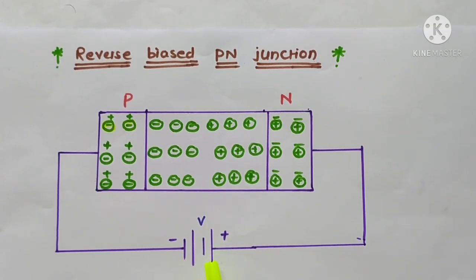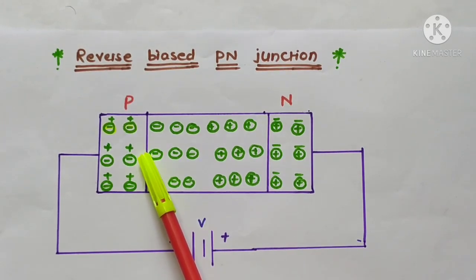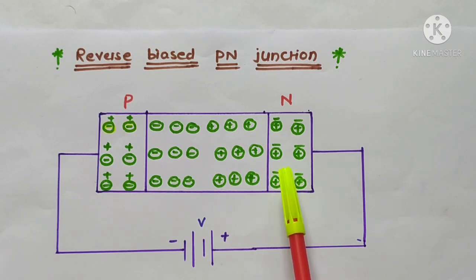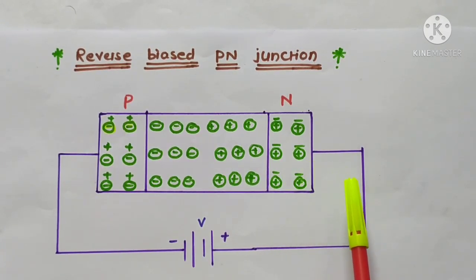Isn't it student? The electrons are minority carriers, but they cross the junction and pass to the N type, which has positive charge, therefore the free electrons get attracted by the positive terminal of the battery.